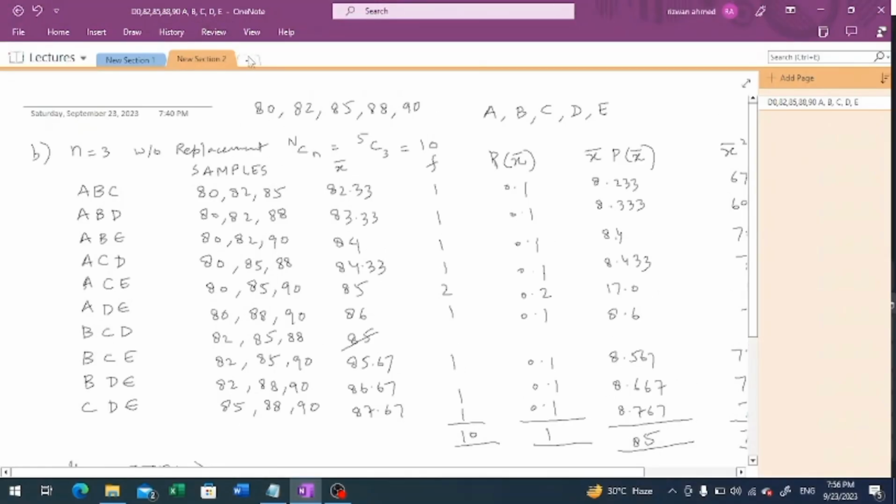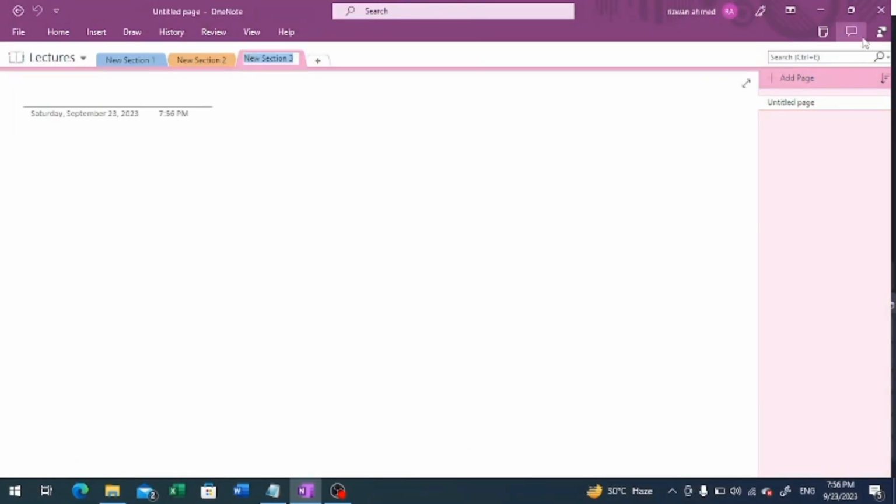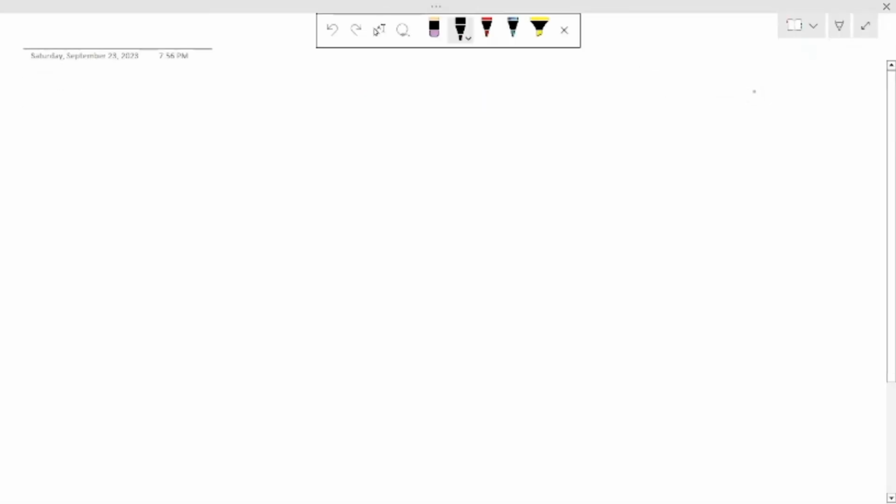Now, we are moving to drawing of a sample of size 4. So again, we take help from alphabets and we will follow strict dictionary order. So we need to use 4 alphabets at a time.